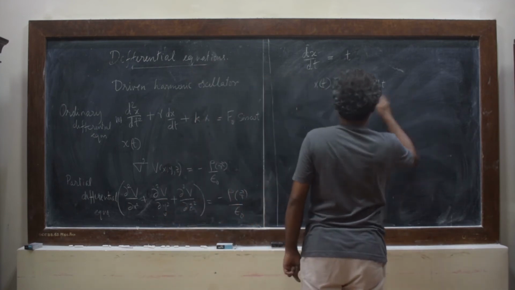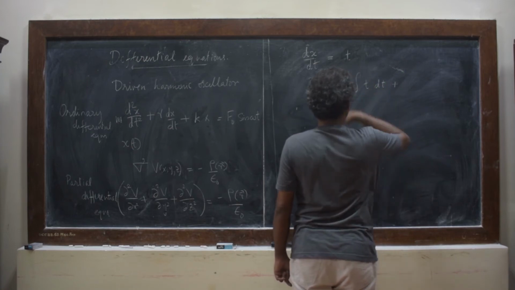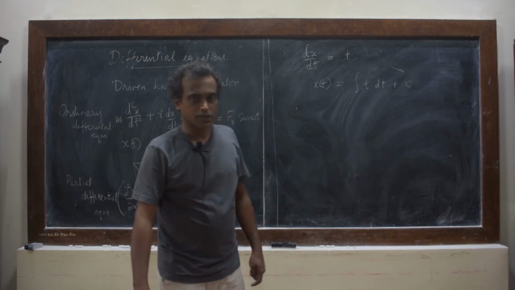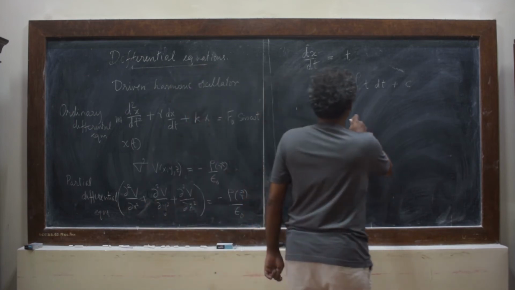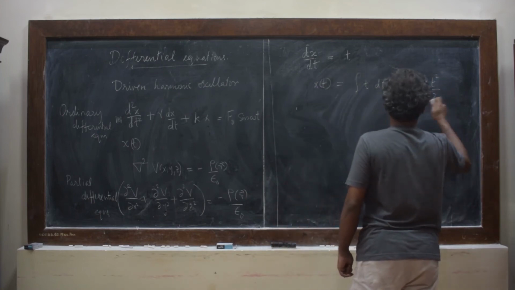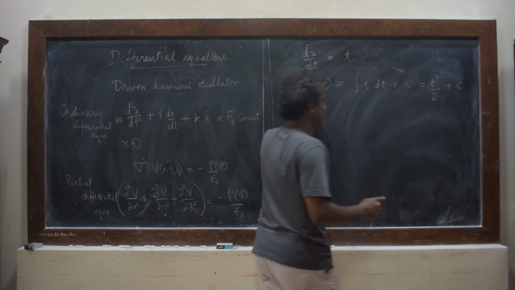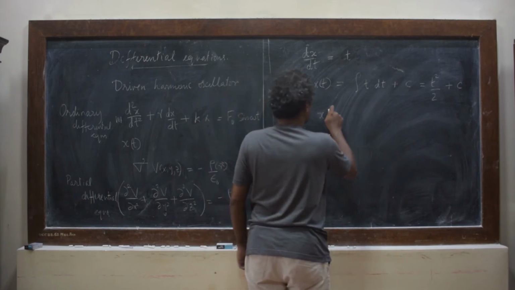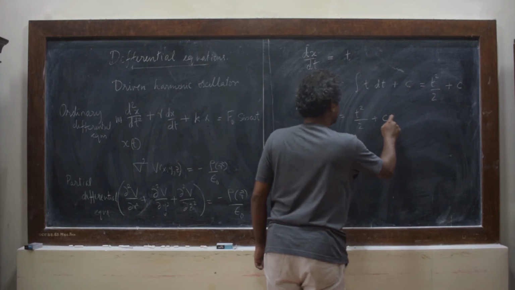The solution has a form which involves the integral of the right hand side over t plus a certain constant, which is called the constant of integration. This is easily done to obtain t square over 2 plus c, and in the process we have obtained x of t as a function of t in this form.